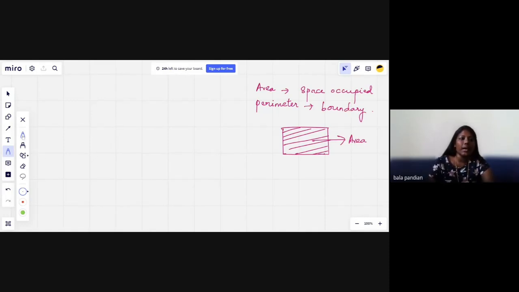Instead, if I talk about this particular boundary, the outer line, I call this purple outer line the perimeter, which means the outer covering or the boundary. So you're clear with this, right? What an area is, what a perimeter is.